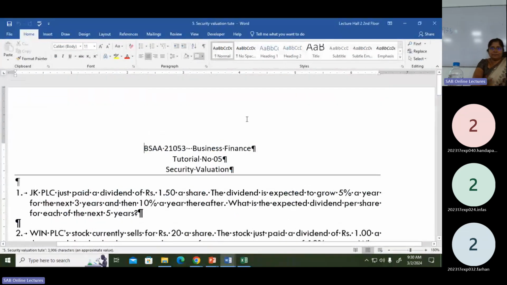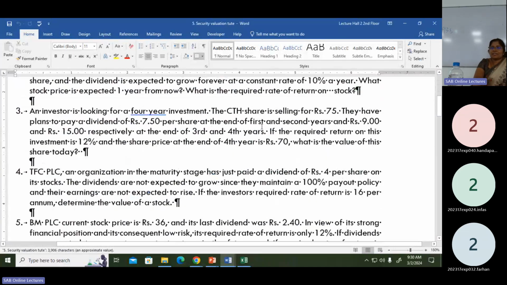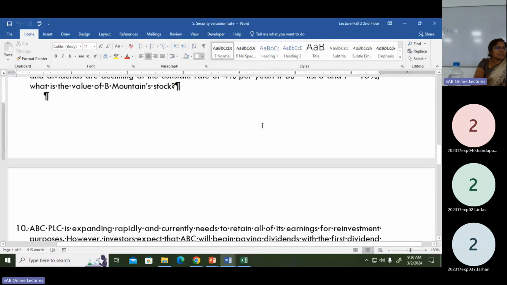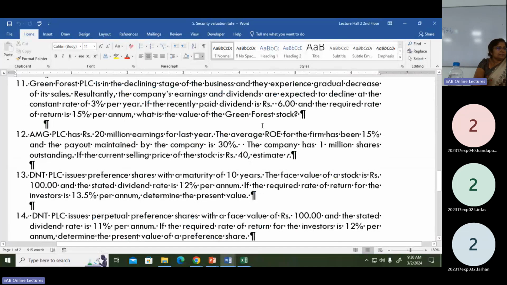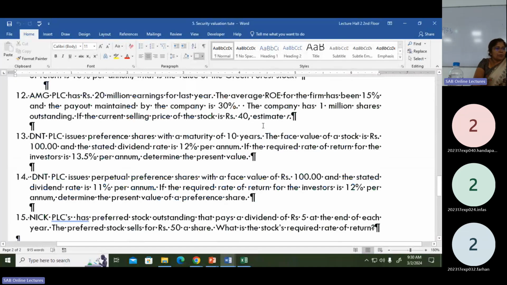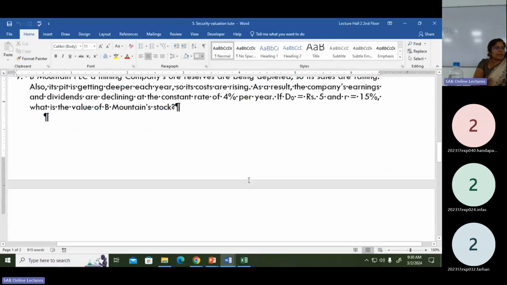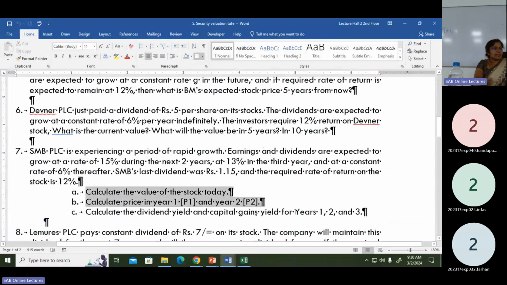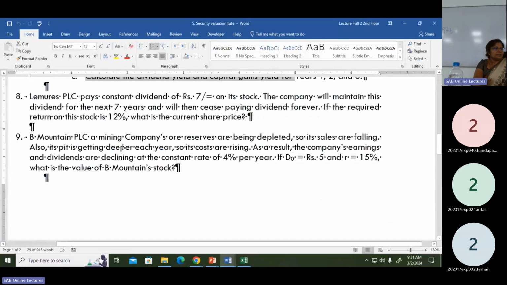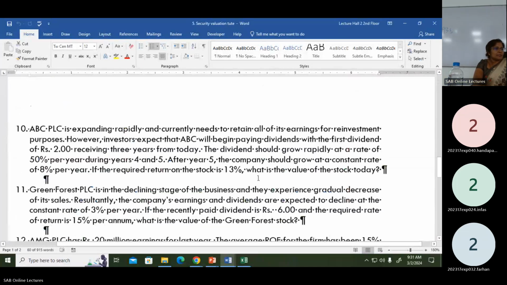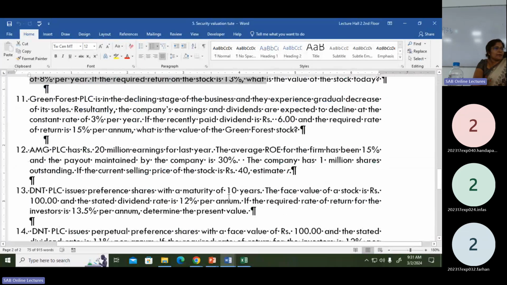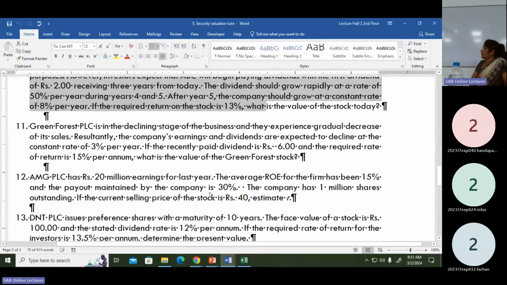You have to look at these questions. This is your tutorial. You may do this at home. I think all these questions you can do now because we did similar examples in the lecture discussion. You may practice. We discussed this question, this one we did, this one also we did. So others you have to do.